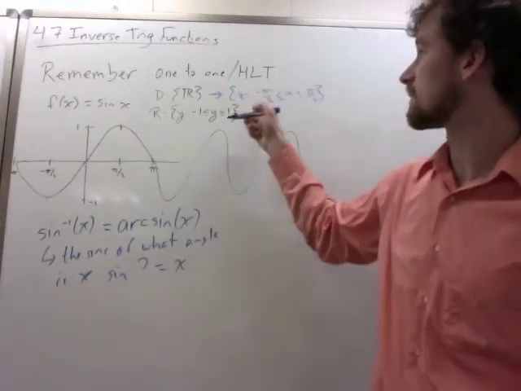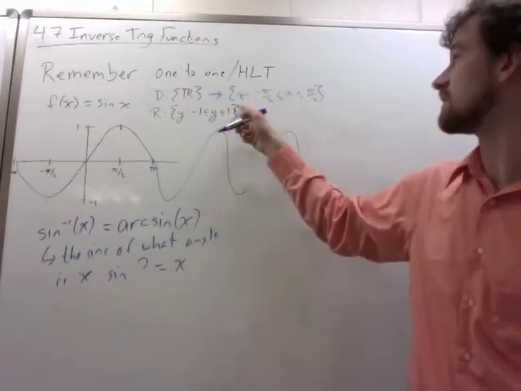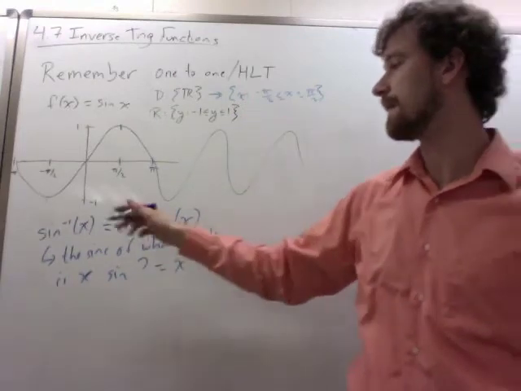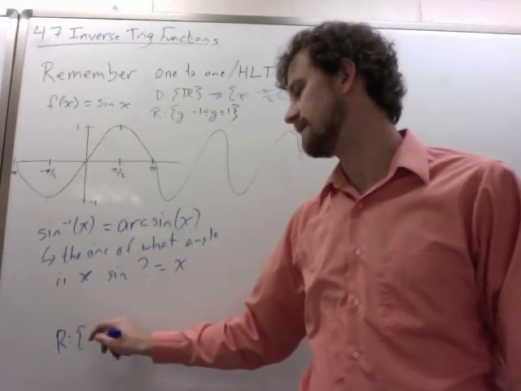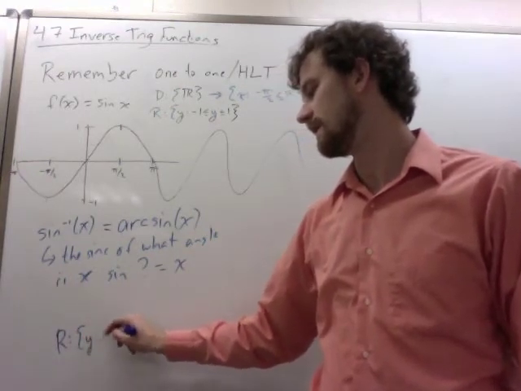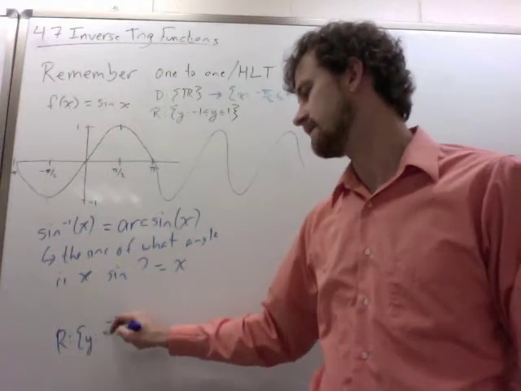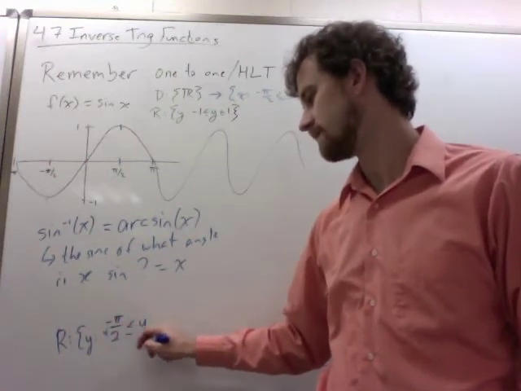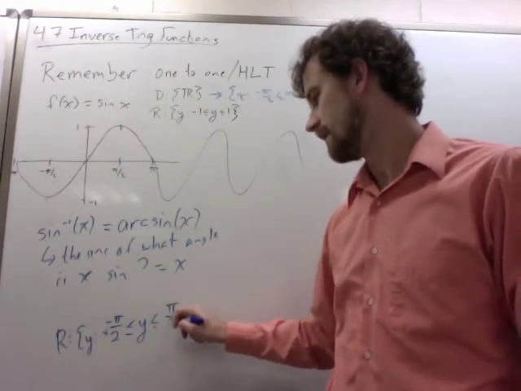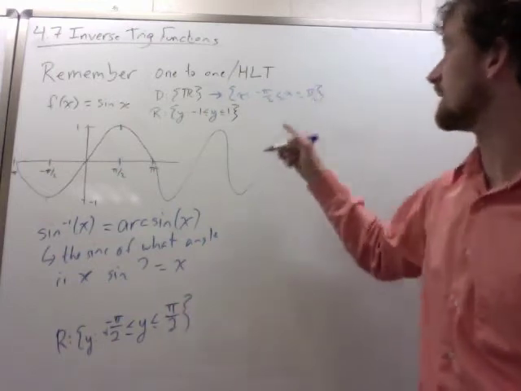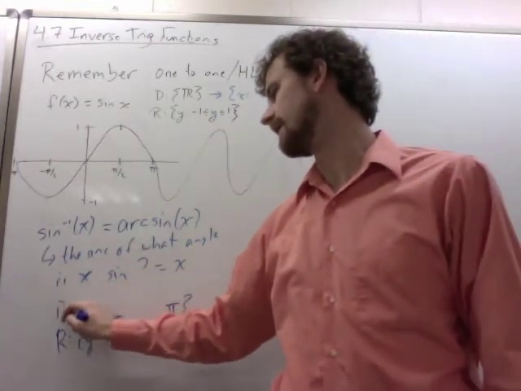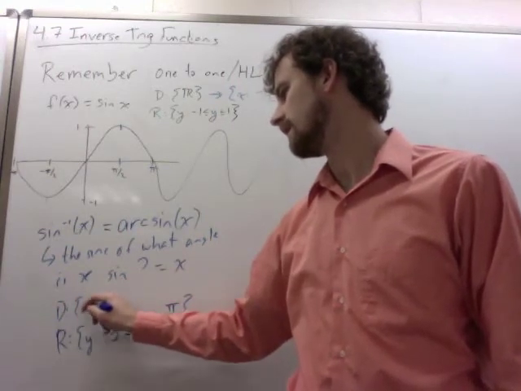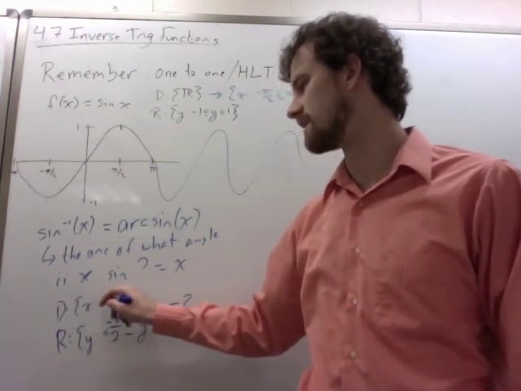Right. Because we're restricting the domain of our sine function to minus pi over 2 to pi over 2, that means that the range of our arc sine function is from minus pi over 2 to pi over 2. And because the range of our sine function was from -1 to 1, that is the domain of our arc sine function.